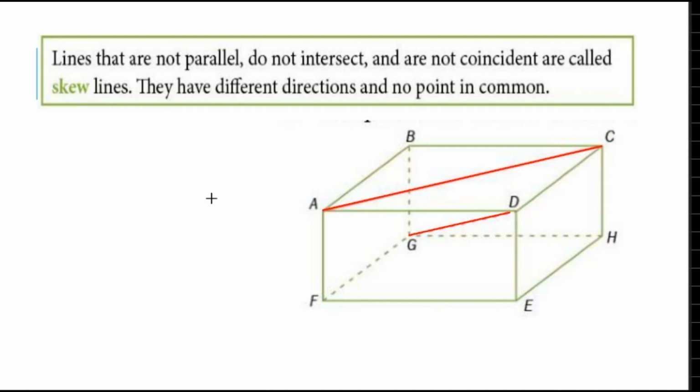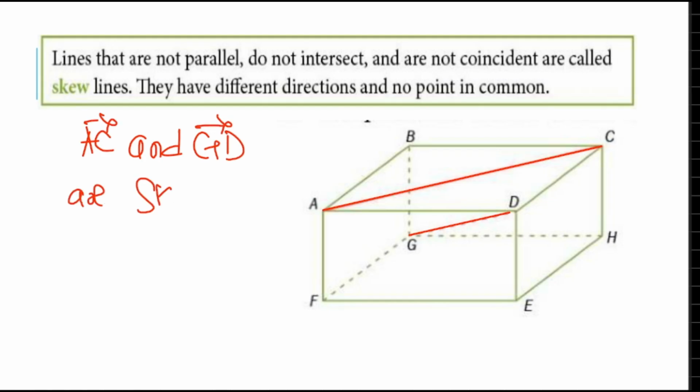So here, AC and GD are skew lines. They are skew, no intersection, they are not parallel, and they are not coincident.